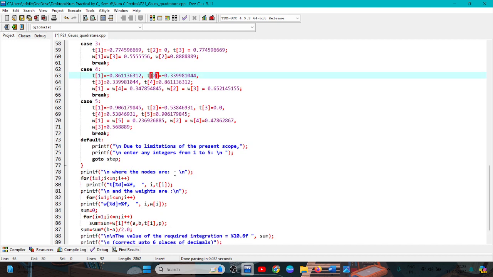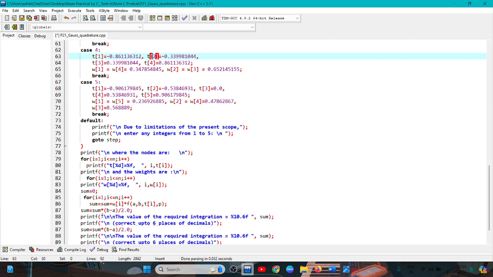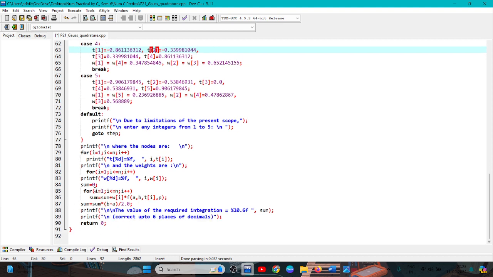Here the nodes are t1, t2, up to t5, and the corresponding weights are w1, w2, up to w5. The initial sum equals 0, and for i, sum equals sum plus wi times f(a, b, t[i], p). This new sum equals the previous sum, initially 0, plus wi into this.